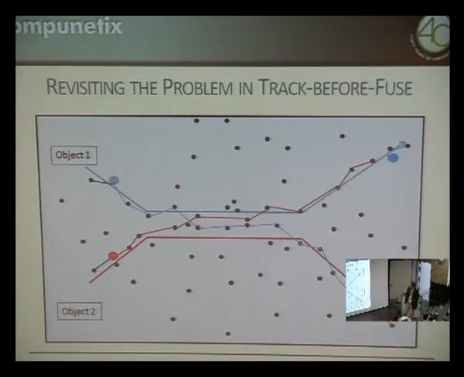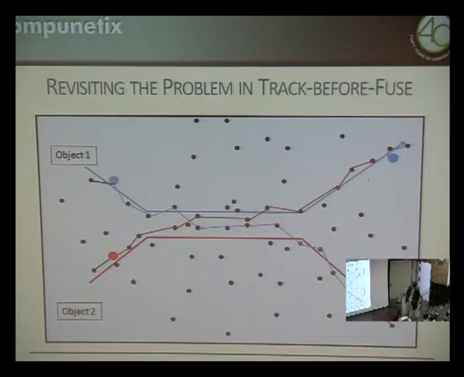Well, if you do centralized tracking, what's going to happen? You're going to start tracking. You don't know what you're tracking, but you start tracking. Eventually you realize that you're tracking the blue object, and you keep going. You do the same thing with the other: you start tracking something, then you realize, oh, it's red, and you keep going. And very often you'll make mistakes when the objects are close. And then suddenly the feature-rich sensor tells you, aha, I see the blue target, I see the red target.